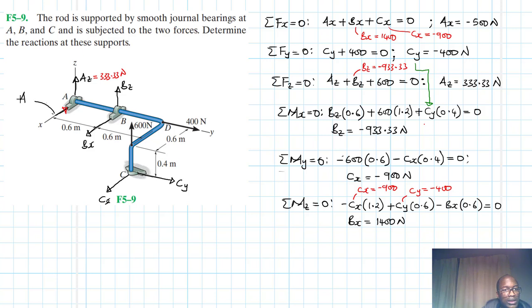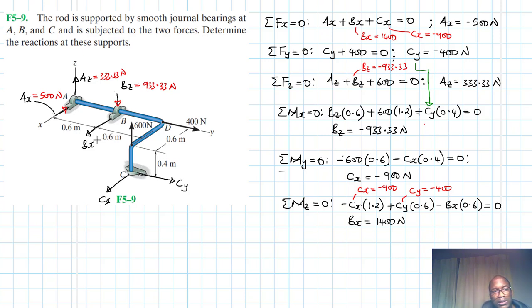This value is 500 newtons. What is Bz? Bz's direction changes, so let's rub this arrow and indicate the right direction. We found Bz equal to 933.33 newtons.